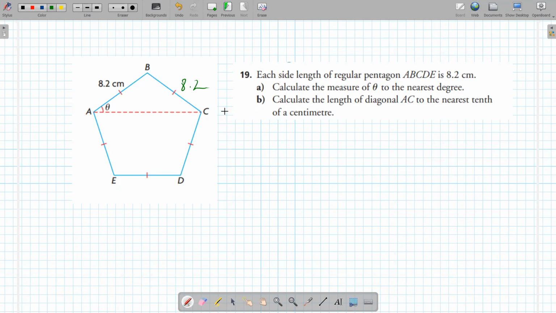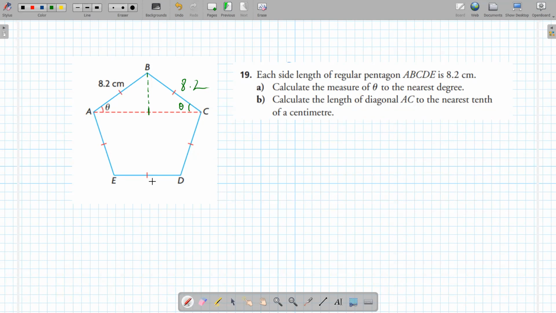What is our approach here? So if that's theta, we know this is theta, right? Because this is an isosceles triangle, it's going to cut it in half right there. What do we do now?